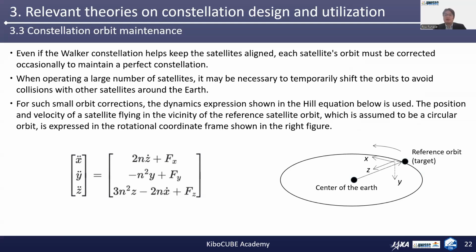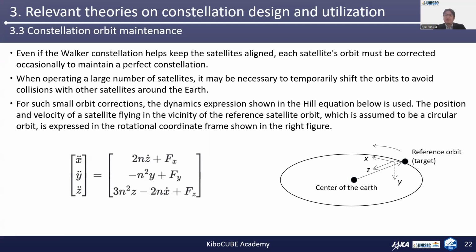Now, you may recall that the constellation causes the satellites in the constellation to be perturbed nearly identically, so that their orbits are nearly aligned with each other. However, in order to keep the constellation configuration unchanged over time, the orbits of each satellite must be corrected from time to time.